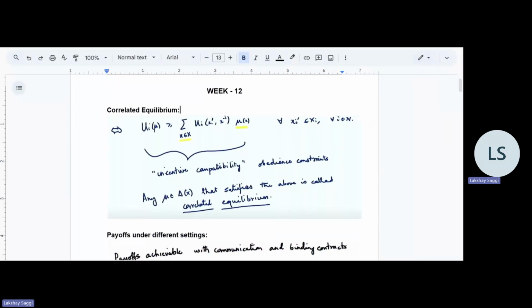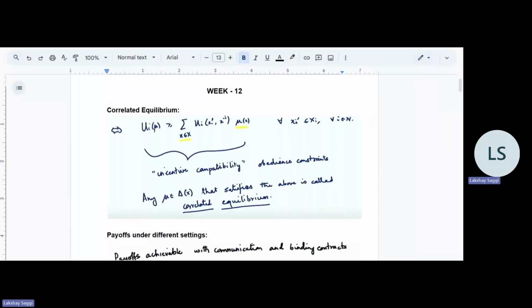So last week we discussed problems related to binding contracts, but this week we shift the focus to non-binding contracts. Non-binding contracts are something where even though players are made aware of the contract, it doesn't mean that the player has to necessarily agree to do it. Even though a player signs a contract, it doesn't mean that the player will actually play what the contract says.